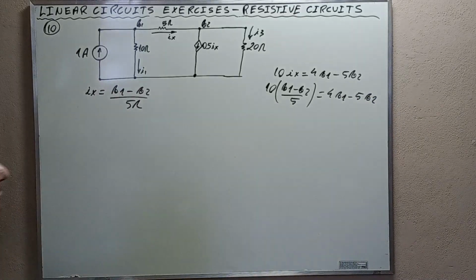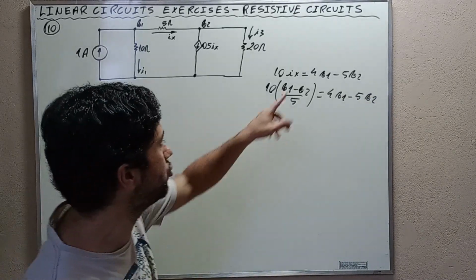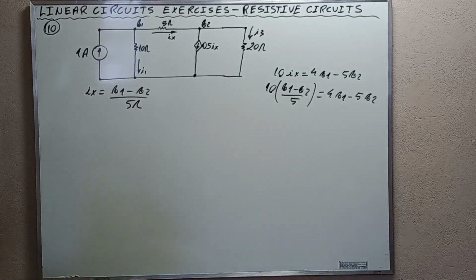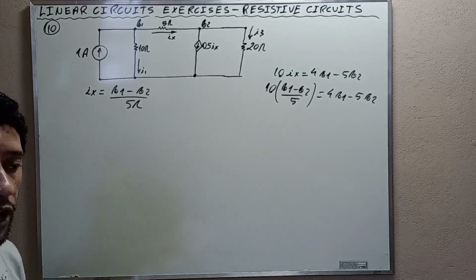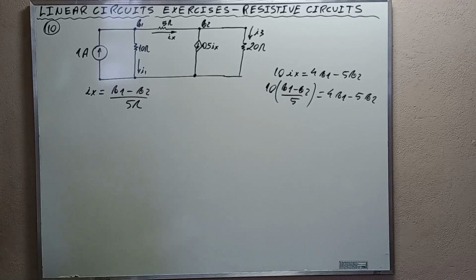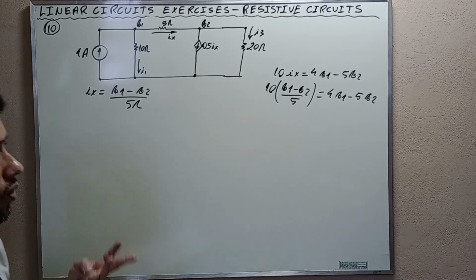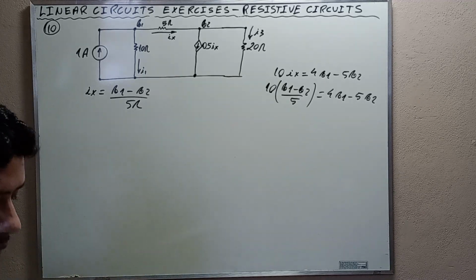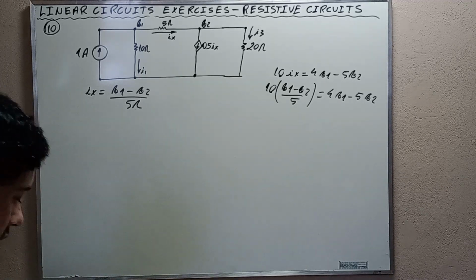This is the way we can eliminate this Ix here, because we have two equations with 3 variables. We cannot solve such a system. We need to have 2 variables for 2 equations in order for them to be solvable.